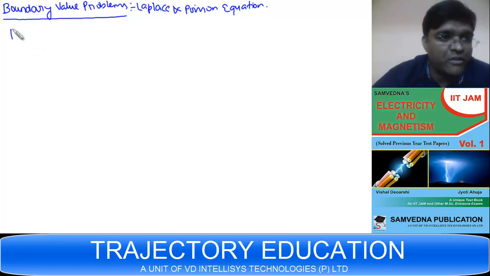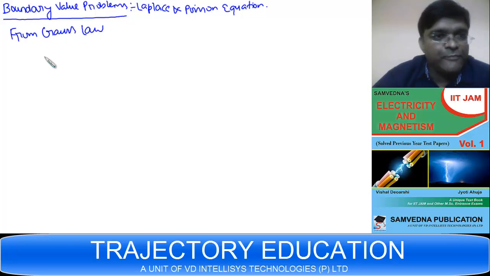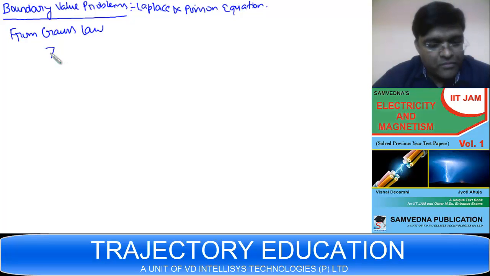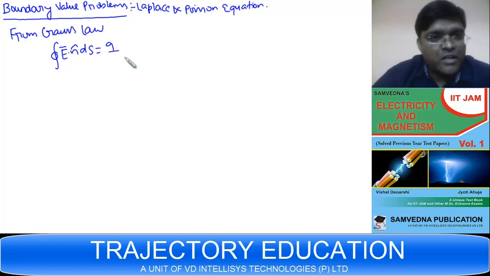From Gauss law, we have the flux of electric field, E dot n dS, equals Q by epsilon naught. For this Q, we can use the Gauss divergence theorem.